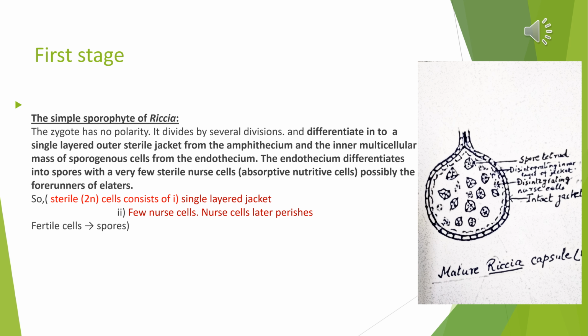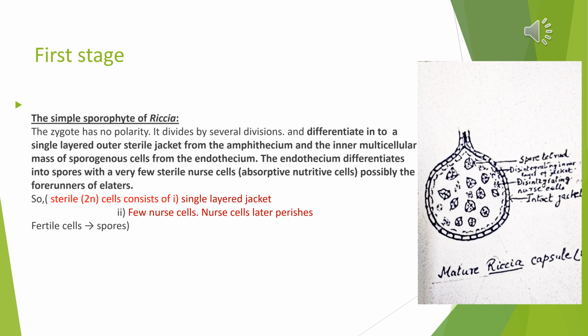Now, you must be wondering, what is amphithecium and what is endothecium? Amphithecium is the outer layer of the sporophyte and endothecium is the central cell mass of the young sporophyte. The endothecium differentiates into fertile spores and very few sterile nurse cells. Nurse cells are absorptive, nutritive cells.